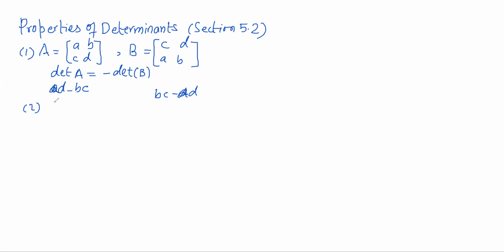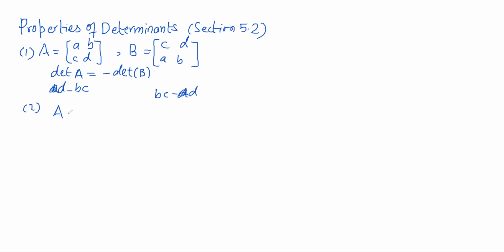The second property is that if you multiply any row of the determinant by a number, then the determinant is also multiplied by that number.